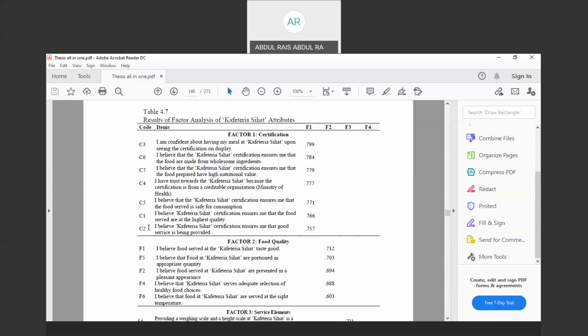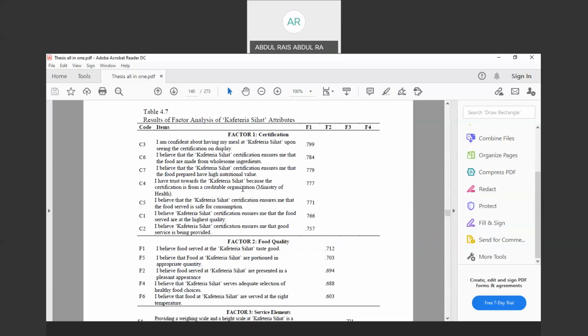So in terms of the chronology of items, you don't need to worry that much about which item number is first, second, or third. What you really need to worry about is if SPSS says C1 does not belong in this group of variables.